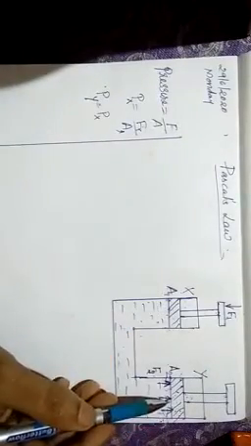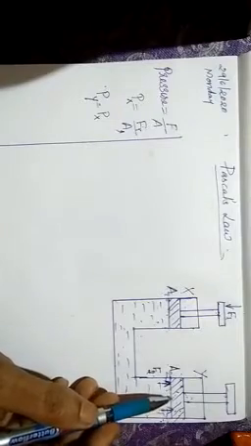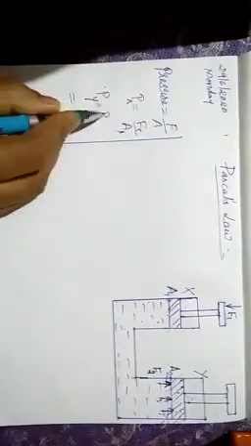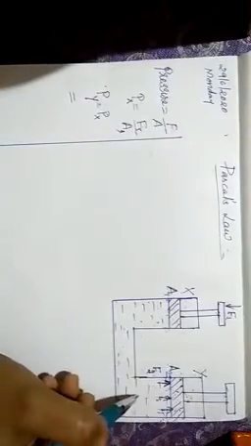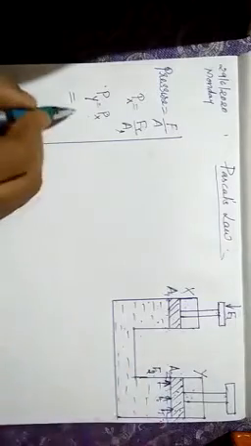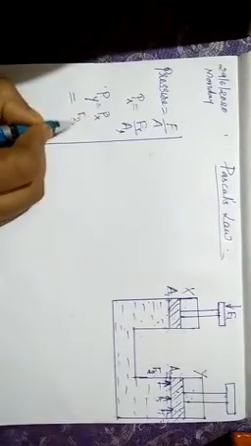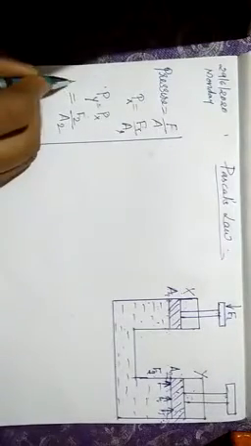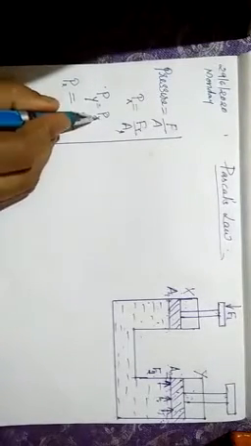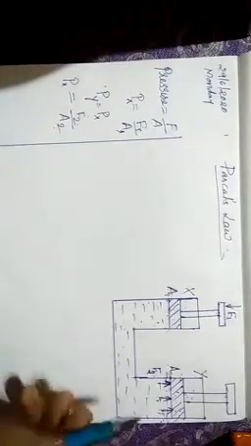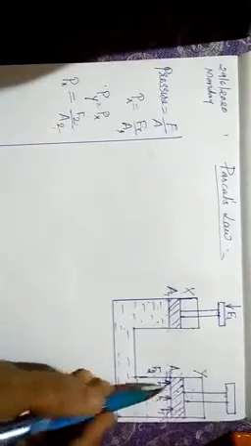The same pressure will be exerted on the surface of the other tube also. That pressure will be equal to the force divided by the area of cross section of that tube, so F2 is the force and A2 is the area of cross section. So we can write Px is equal to F2 by A2, and then how can we calculate?